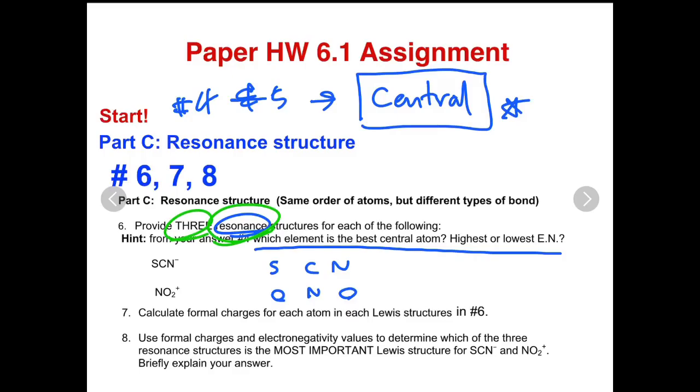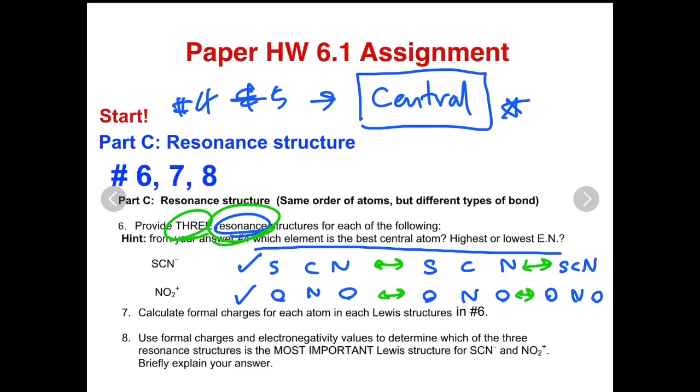So that means you are going to do 3 times of this, except you are going to have different types of bonds between each of those elements. Okay, so that's what I'm looking for. All of these would be resonance structures, but you just need to find out the type of bond between each of those, and you're going to have to move them around.